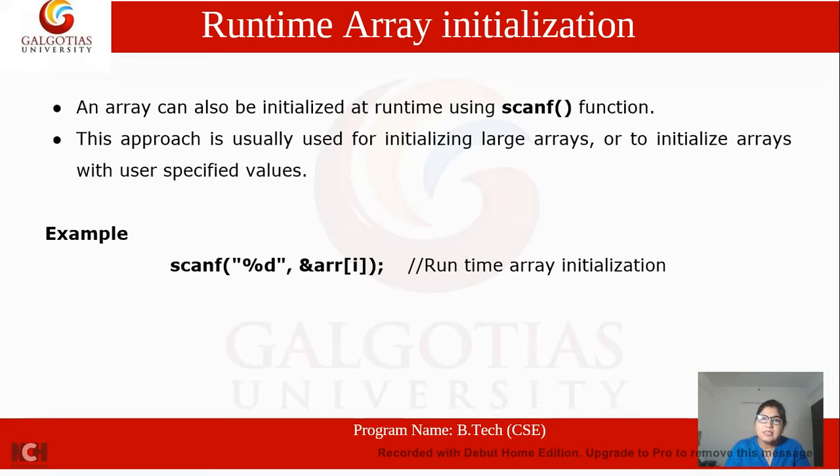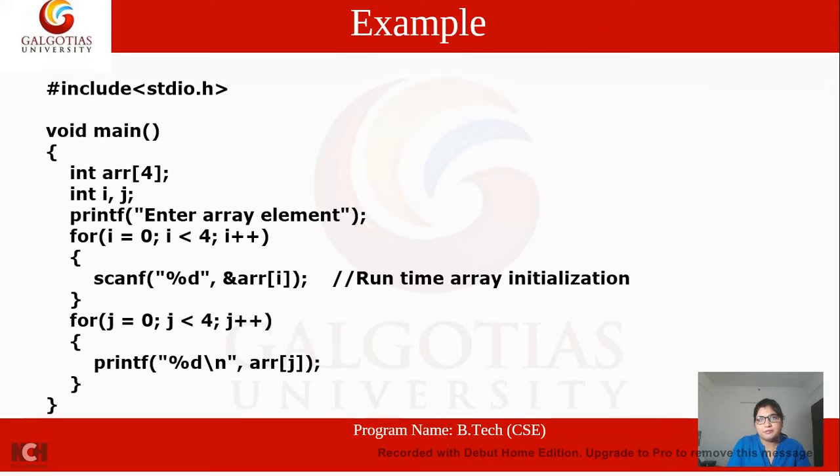Let us see one example to understand it better. In this example, we have defined the array with the name ARR and the size is 4. And we have 2 more variables, i and j, that we are going to use later on.